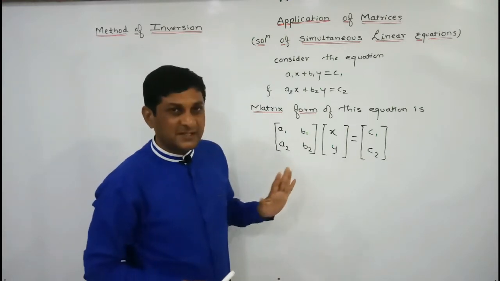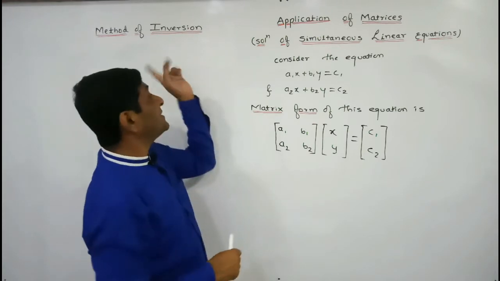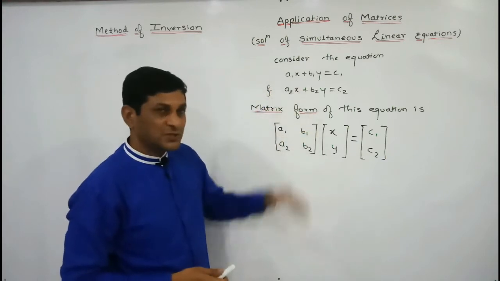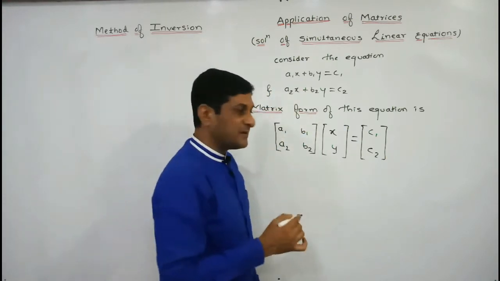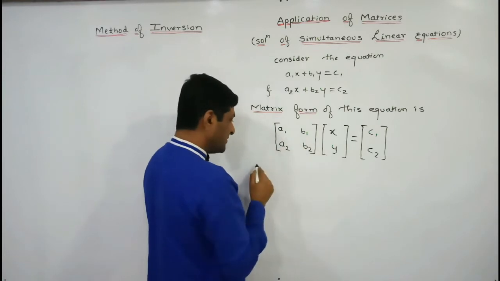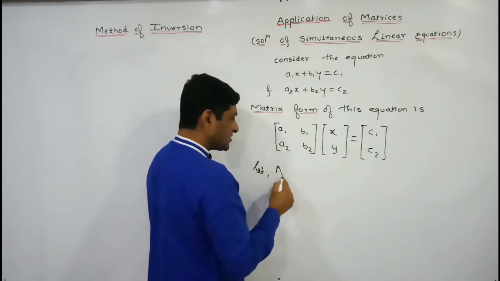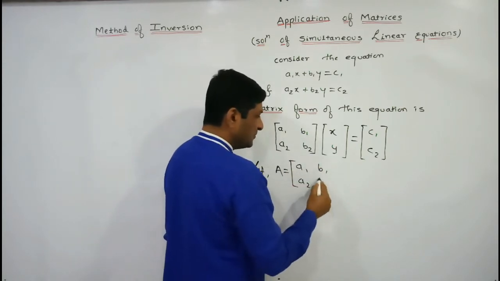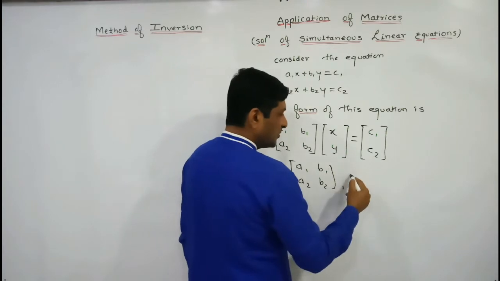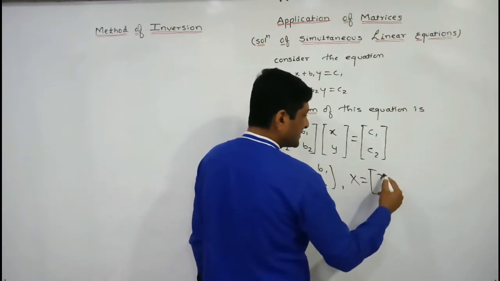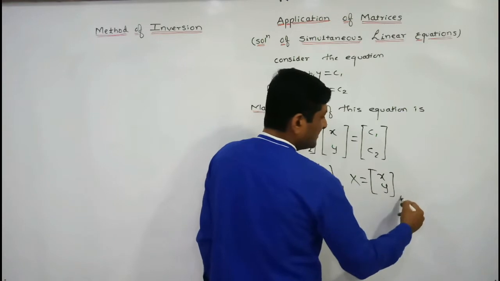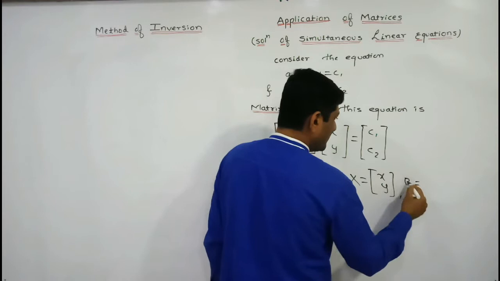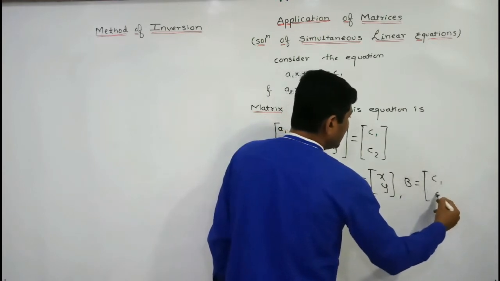So now we are discussing the method to solve the equation. One of the methods is inversion. But to apply this method, first we have to write down the given equation in matrix form. Once these equations are written in matrix form, denote the first matrix by A, whose elements are a1, b1, a2, b2. Then the second matrix I am denoting by X, whose elements are x, y, and denote this matrix by B, whose elements are c1, c2.